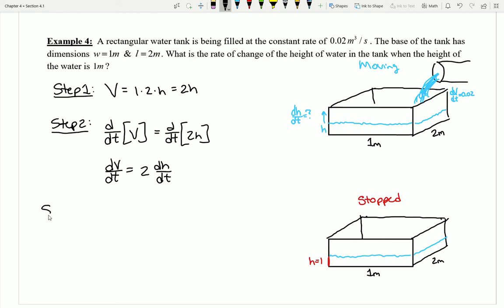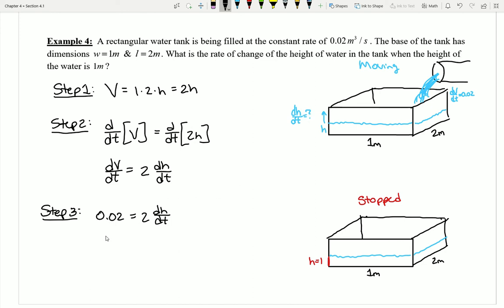And now I just have to state step number 3. I need to say I want to evaluate this derivative at exactly the moment in time when h is the number 1. Okay, so let's start filling in everything. I know dV/dt is 0.02, and I have dh/dt in here, but I don't know that. That's okay, because that's what I'm looking for.